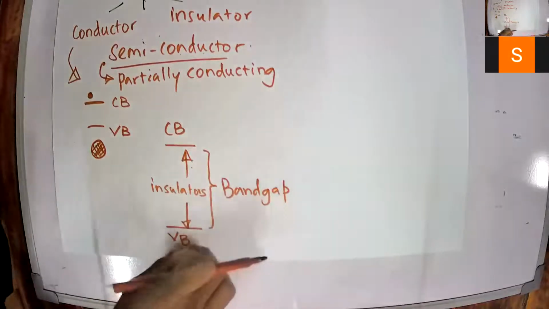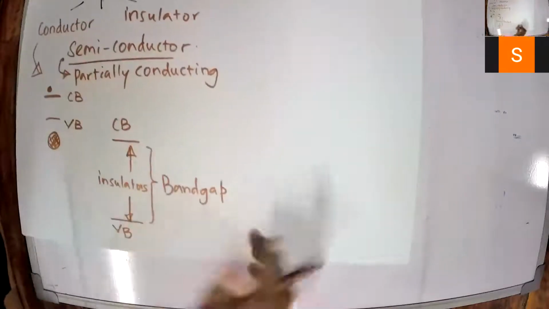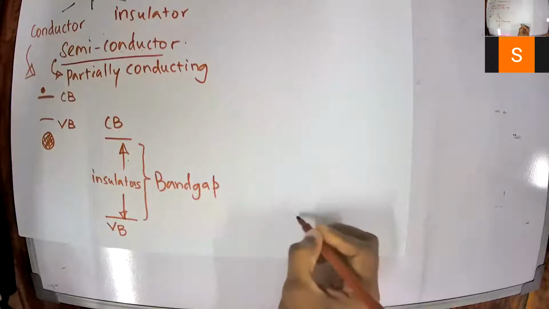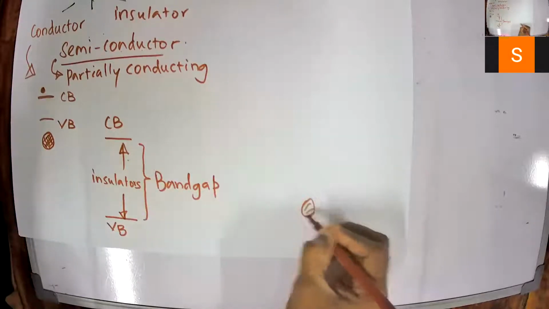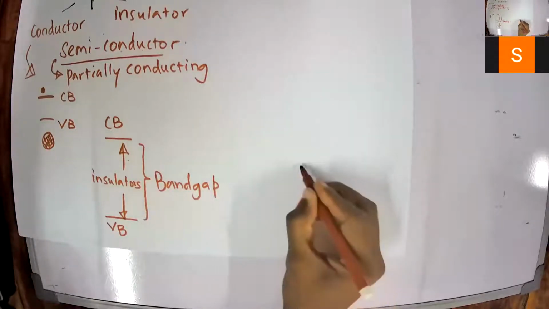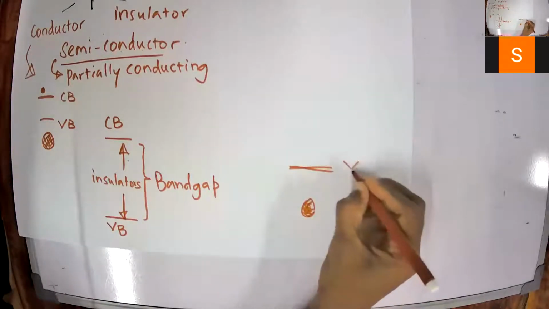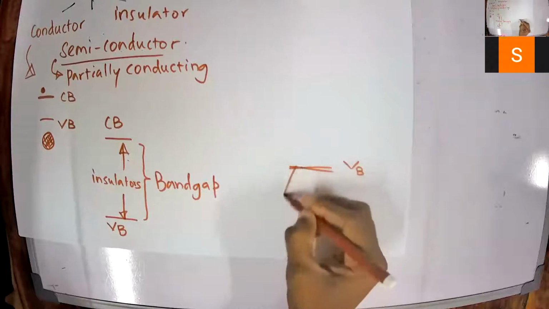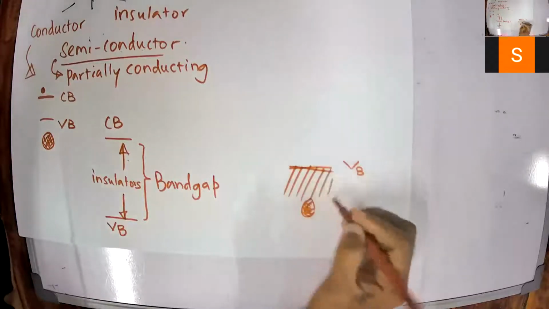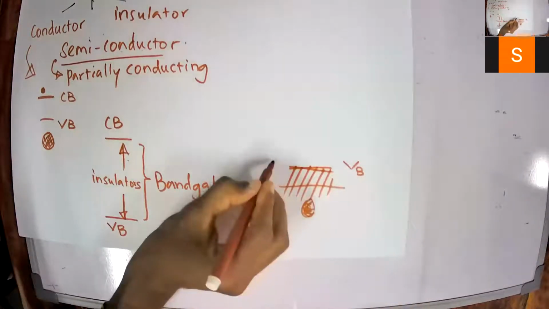For conductors, the valence band and conduction band will be overlapping. For example, if you have an atom, this is the nucleus, and this whole region is your valence band, and your conduction band will be overlapping.